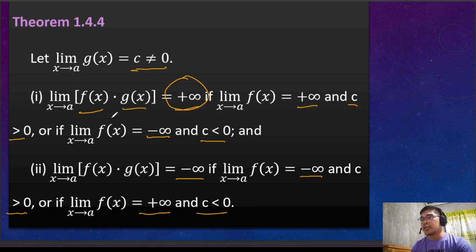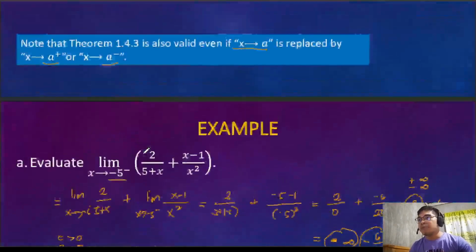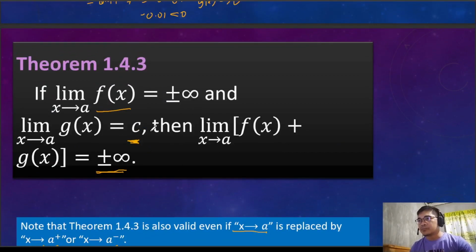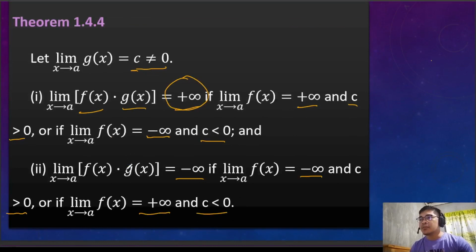So take note, earlier we had the addition and now we have the multiplication. Let me go back. Case number 1, it is positive infinity if the limit of our f of x is positive infinity and the constant, the limit of g of x, is greater than 0.